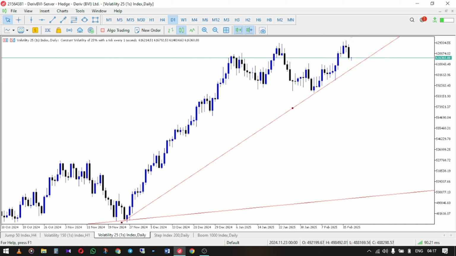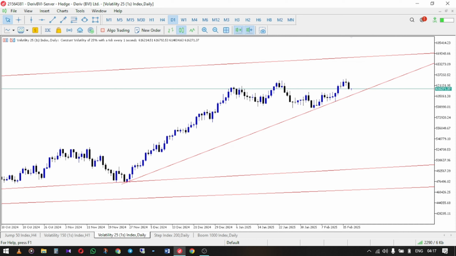I'm trying to see how I can adjust this. All right, so the market's respecting that trend line here, which means we want to see this trend line being respected, something like this. We want to see something like this being respected, something like this.